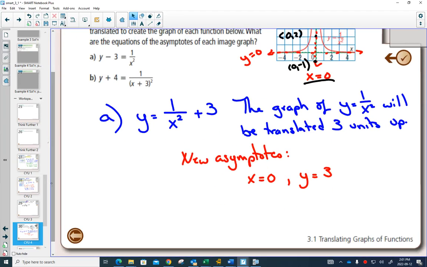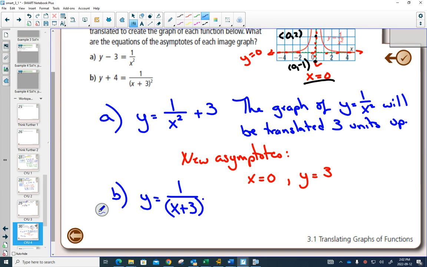And for part B, again in part B, I would take the time to rewrite it. And if I compare the equation that I have here to the original equation, the original equation had an x squared on the bottom.